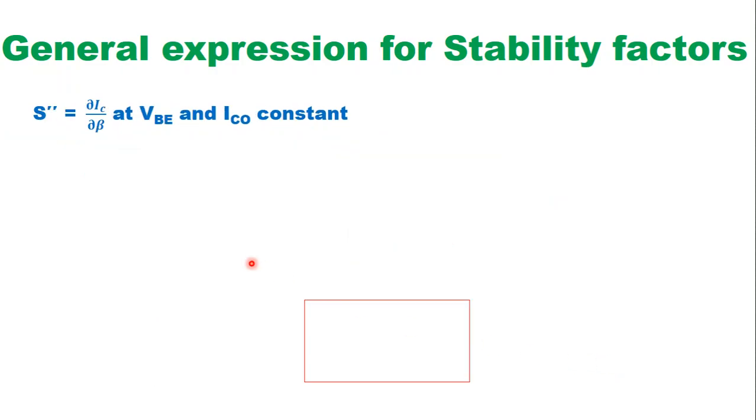Next, we are going to derive S double dash. Stability factor S double dash is equal to del IC upon del beta at VBE and ICO constant. Again, we will take the equation IC is equal to beta IB plus beta plus 1 ICO.